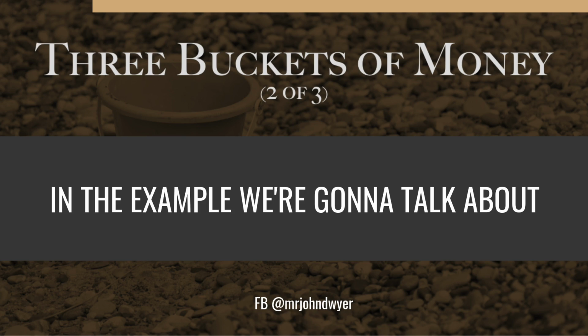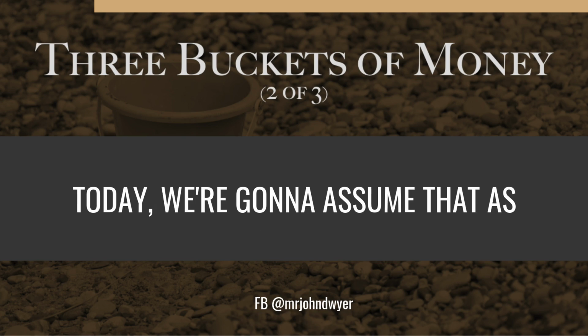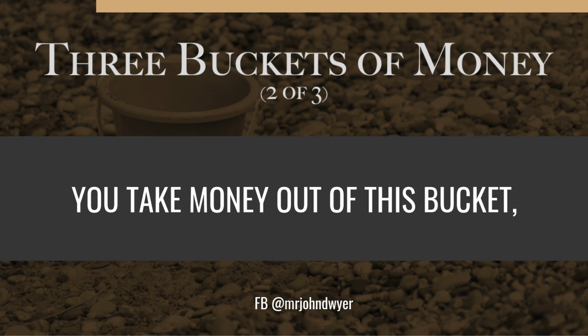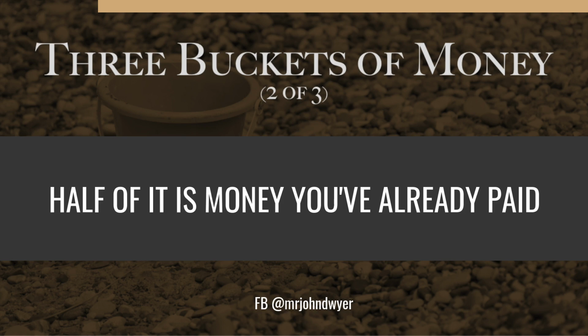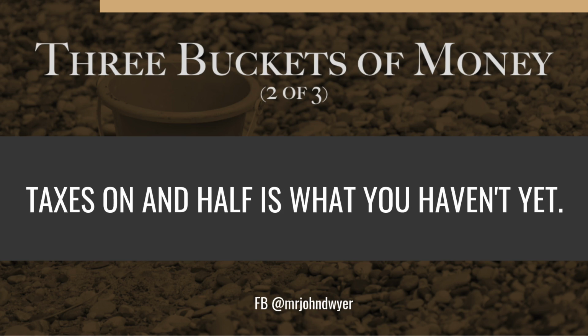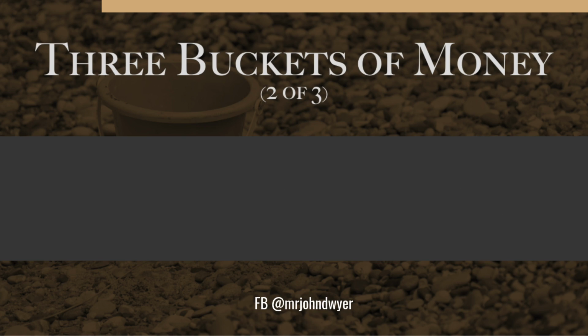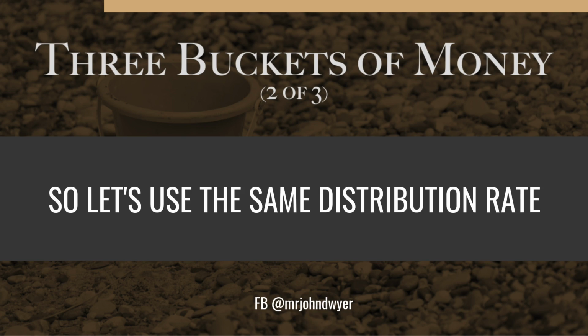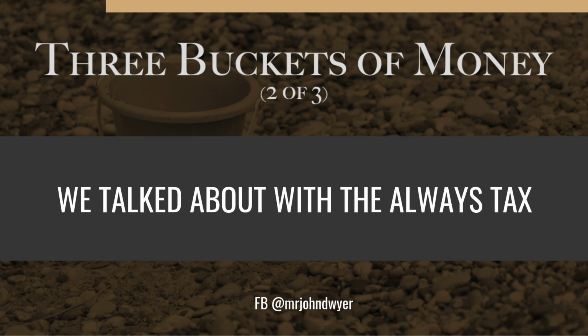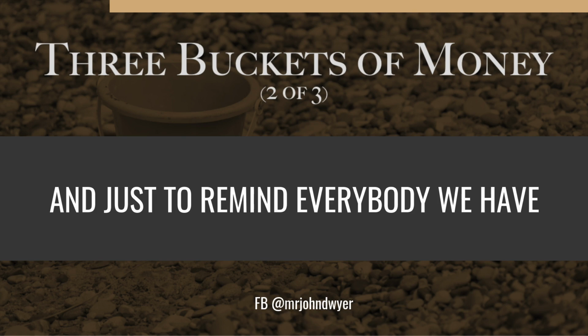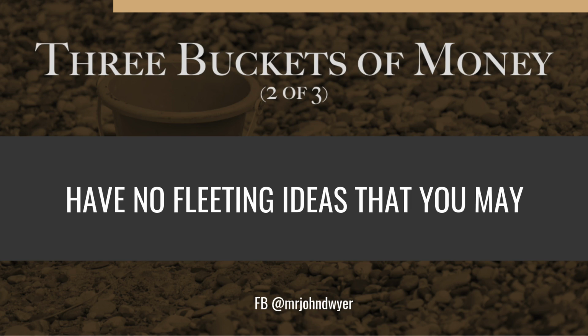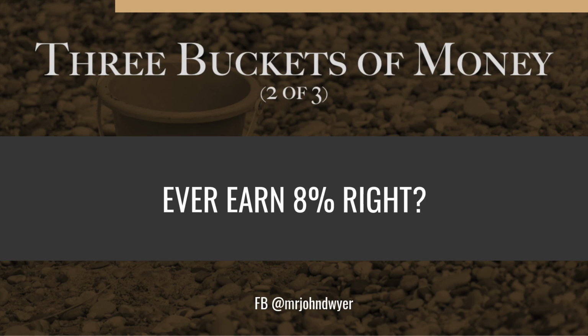Now, in the example we're going to talk about today, we're going to assume that as you take money out of this bucket, half of it is money you've already paid taxes on, and half is what you haven't yet. All right, so let's use the same distribution rate we talked about with the always tax bucket, 8%. And just to remind everybody, we have no fleeting ideas that you may ever earn 8%.